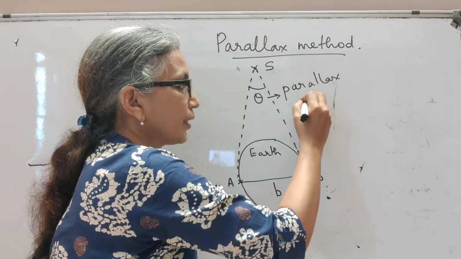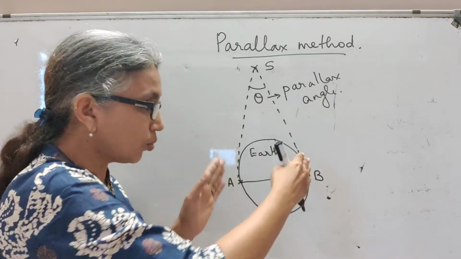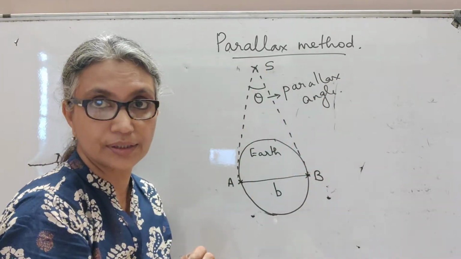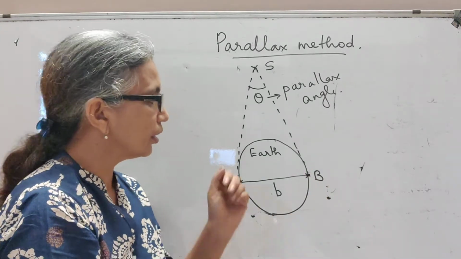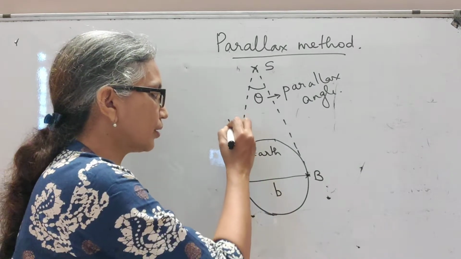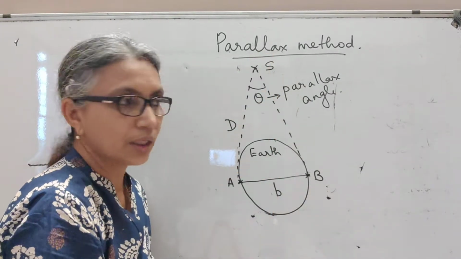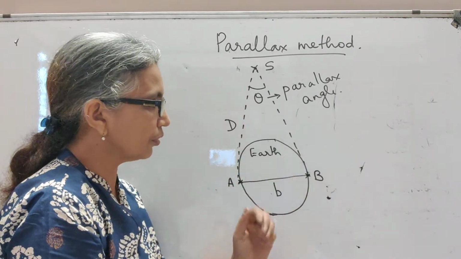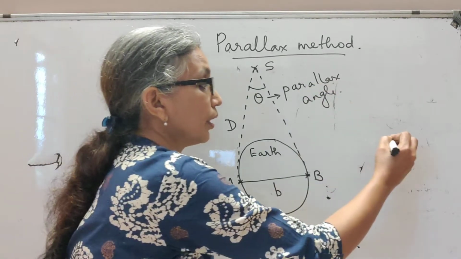So by parallax angle, we mean the angle between the two directions of viewing the star from two different points on the Earth. Now, what we need to measure here is this distance capital D of the star from the Earth.